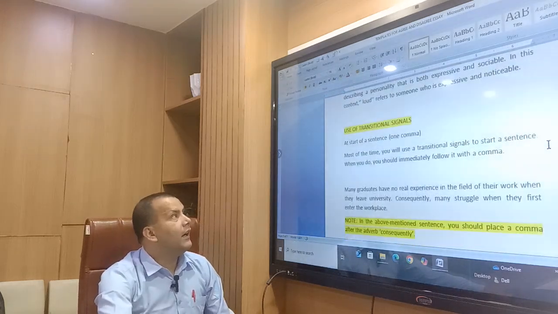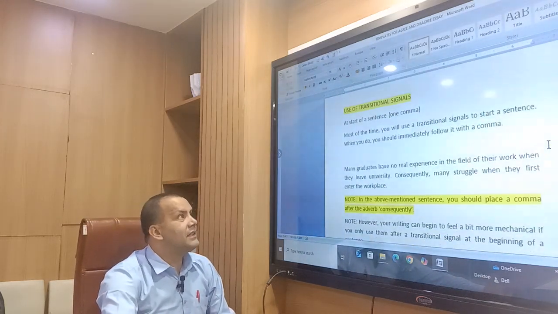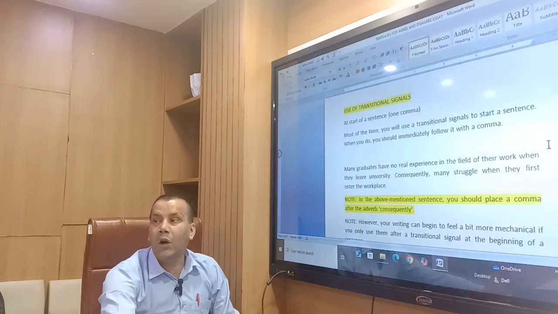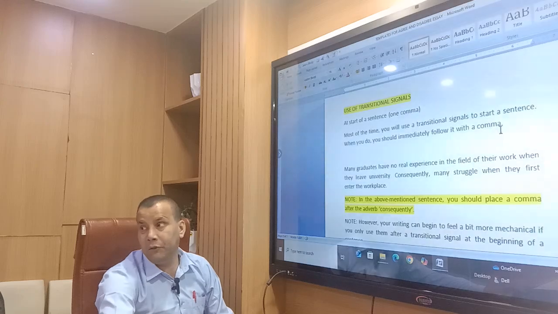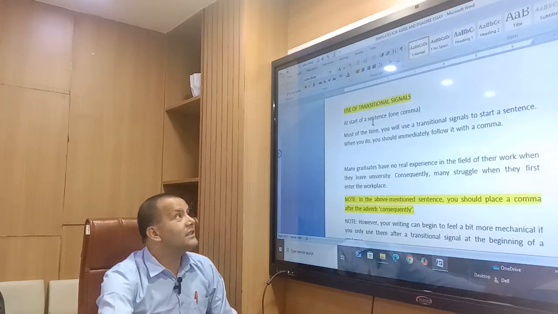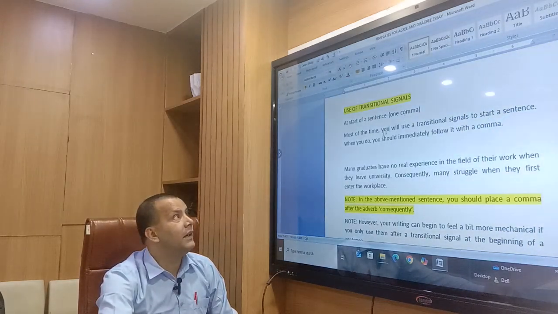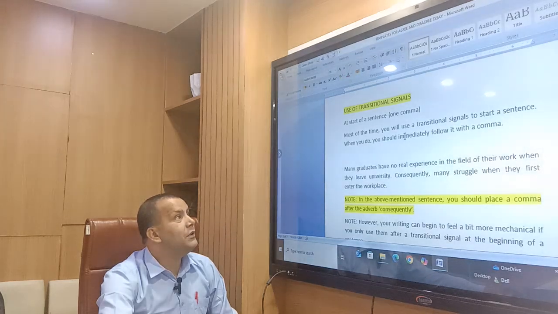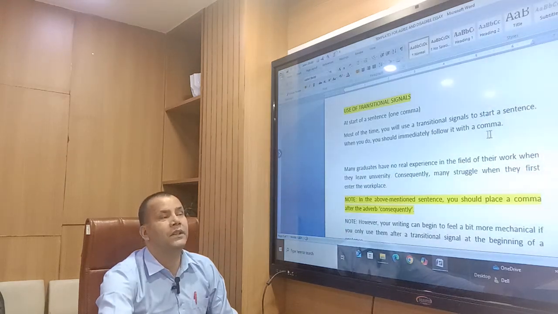Next, the use of transitional signals. How you can use transitional signals. This chapter is very, very important. I am going to teach you fast. At the start of a sentence, one comma. Most of the time you will use transitional signals to start a sentence. When you do, you should immediately follow it with a comma.